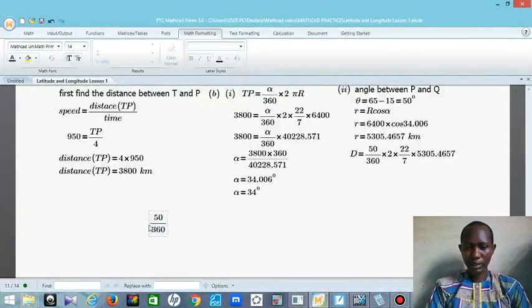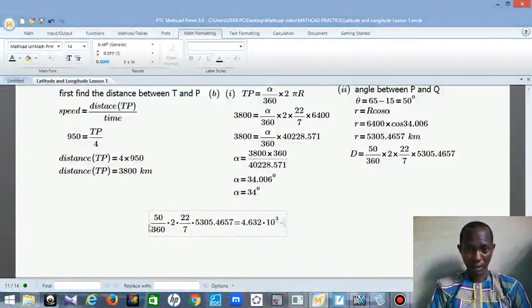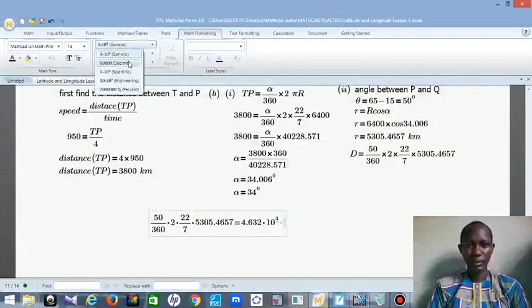You can use your calculator and do the multiplication, you will get the same result.